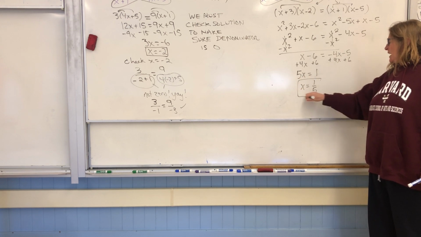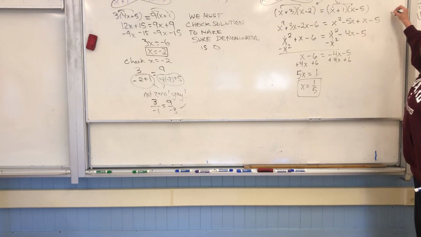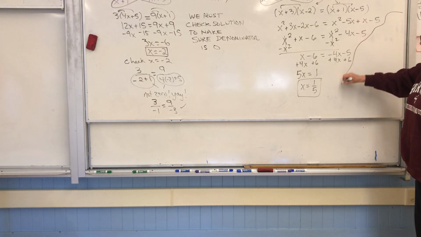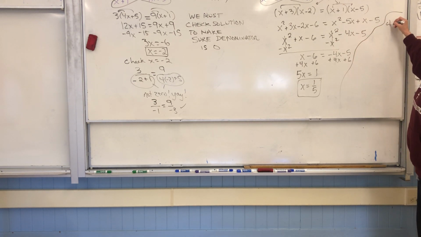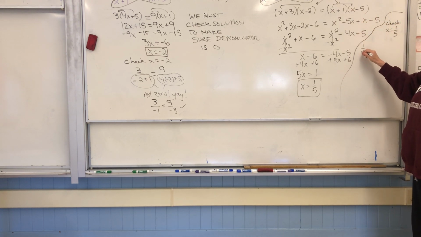So again, we have to make sure that we check. We're going to check x equals 1/5. So I'll do that over here. Let's check x equals 1/5. So I'm going to go back to my equation.